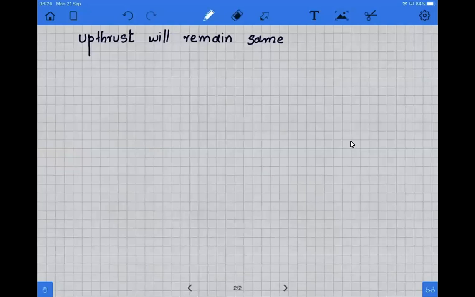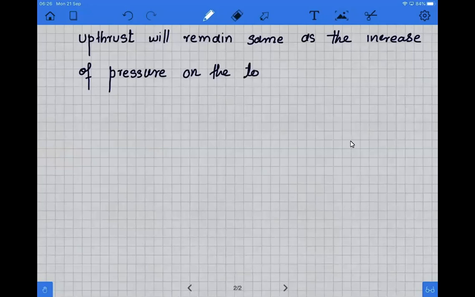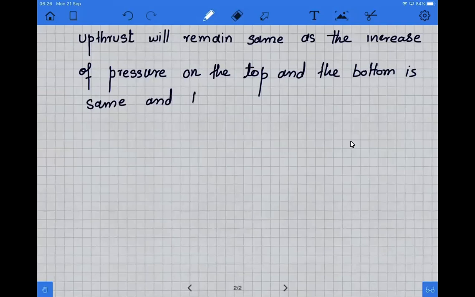It remains the same as the increase of pressure on the top and the bottom is the same.